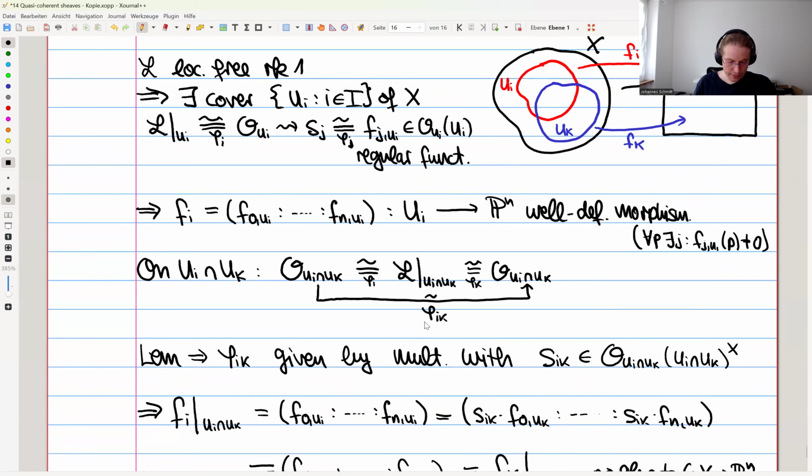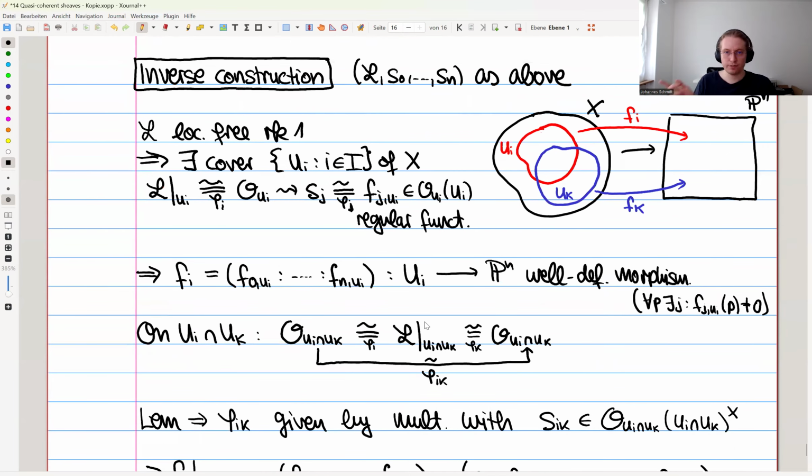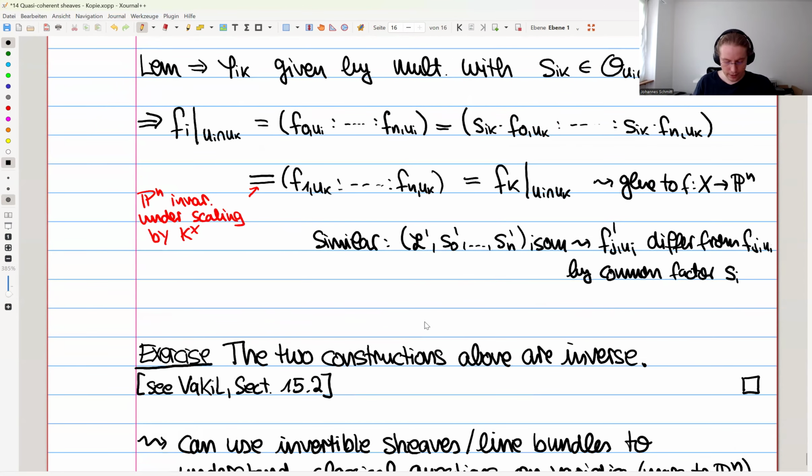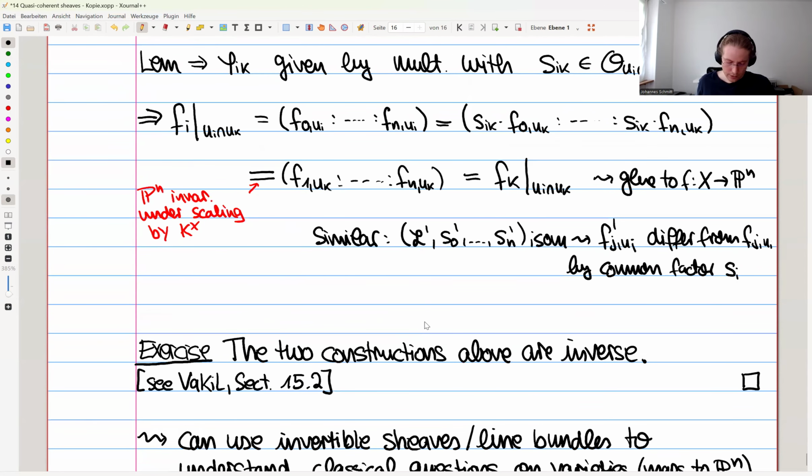So what we have done is we have shown the map from left to right is well defined. We have given a map in the other direction, and then a slightly tedious exercise, which we're not going to do, is to check that these two constructions are actually inverse. So they are given by bijection. If you want the details, these are in Bakir's notes, for example, in section 15.2. Okay, so this is the proof of the theorem.